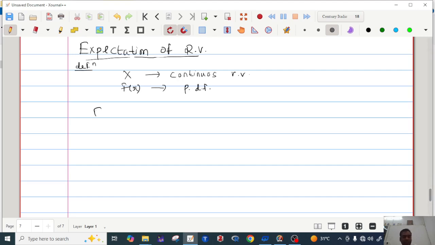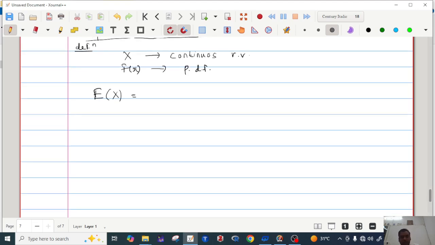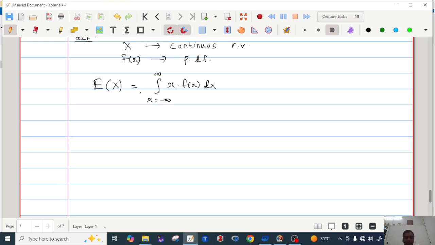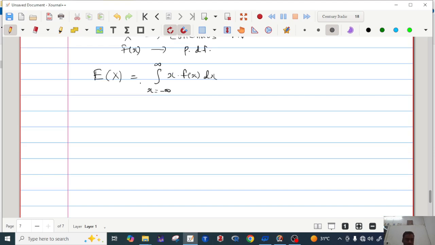Then the expectation of x is defined as the integration of x f(x) over the range of x, where x is defined from minus infinity to infinity, provided that the absolute integration exists. E of x we have to solve with the help of this definition.